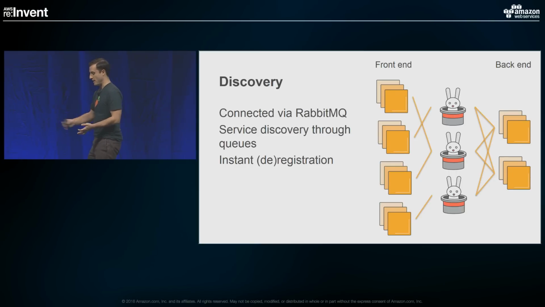And as a flip note, if it gets disconnected, if that node dies or the container is moved or something happens, it'll be very transparently disconnected from the queue. Another endpoint will pick up that work, and it'll be, again, totally transparent to the front-end services, which has worked really well for us. Of course, the one con to that is that there's no way to remove a service other than just killing the service outright.